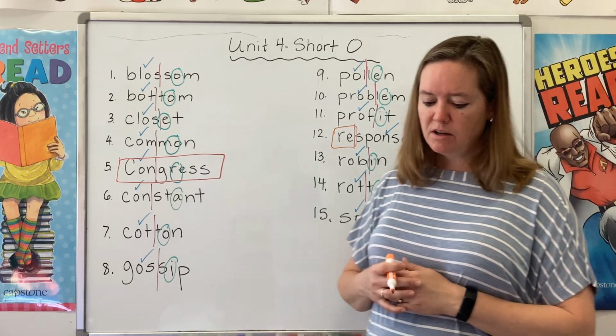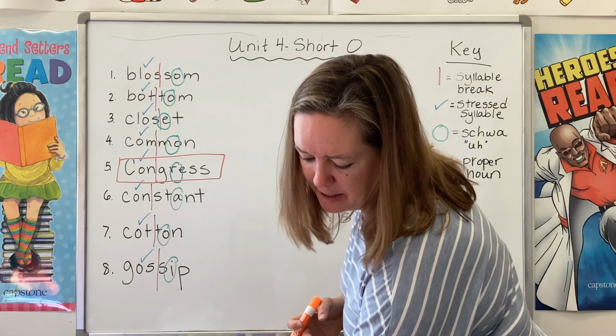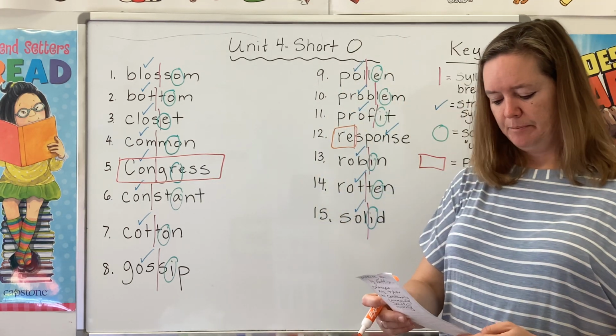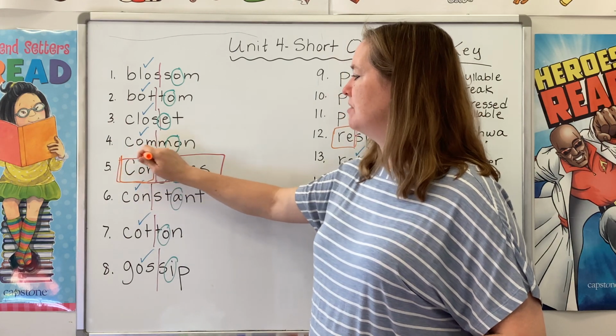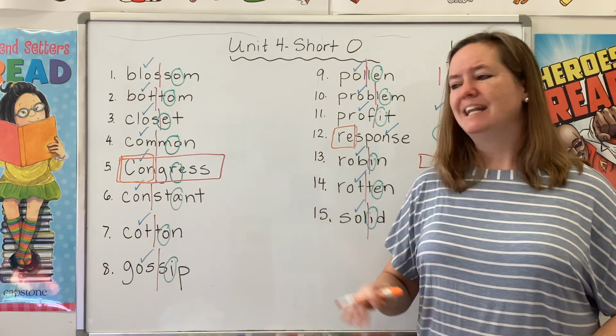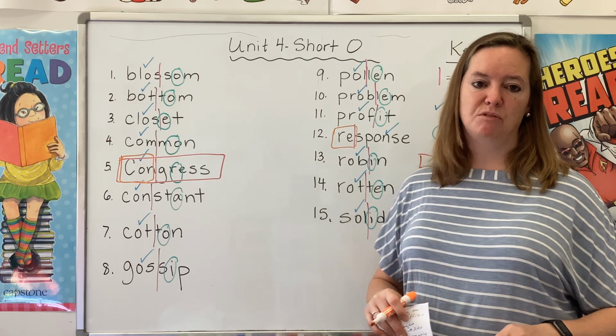Okay, we also have, I'm just peeking at my list here, a prefix in the beginning of the word Congress. Now this is a prefix you might not have seen before.